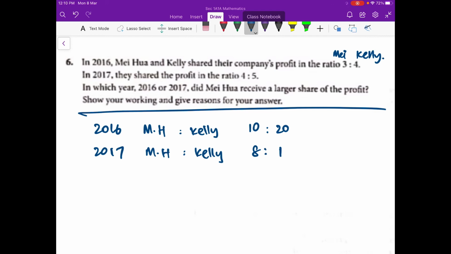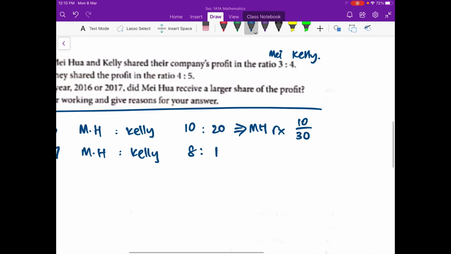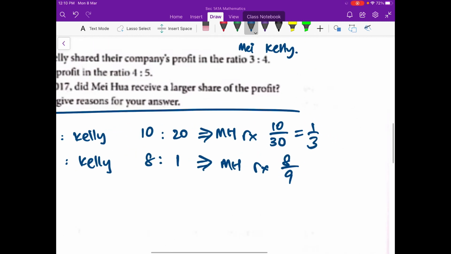Because in 2016, Mei Hua received 10 out of 30, which is 1/3, whereas in 2017, Mei Hua received 8 out of 9. No need to copy. I'm showing you that these are 2 different fractions, but this is a bigger fraction.